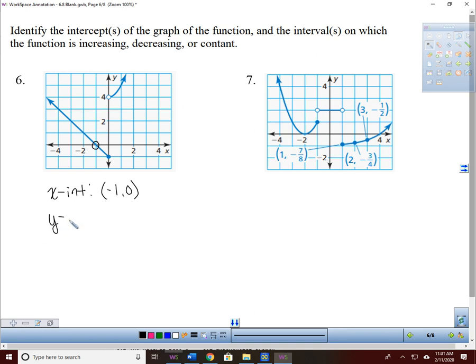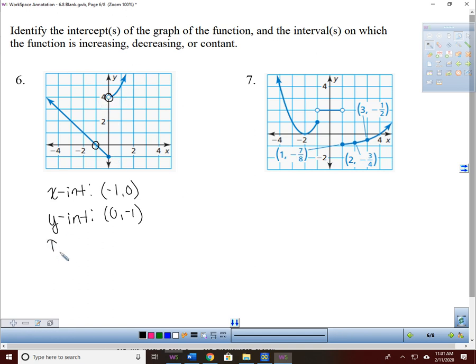Y-intercept, we have 2 points where it looks like we're crossing, but this one doesn't count because it's open. So we're going to look at the closed circle. That's at 0, -1, or it might just want you to say -1. If I read left to right, this is going down when x is less than 0, and this is going up when x is greater than 0.